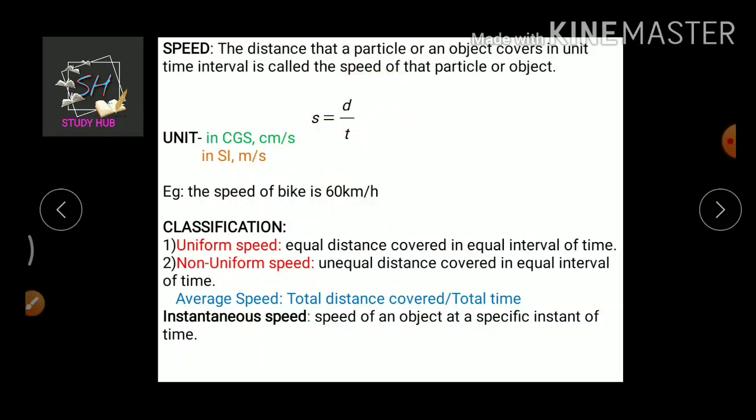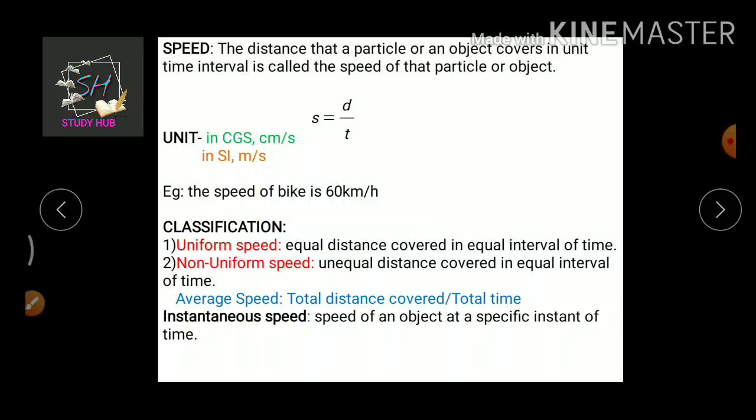Now there are two types of speed. One is uniform speed and another one is non-uniform speed. So at first we know about uniform speed. What is uniform speed? Uniform speed means equal distance covered in equal interval of time. That means suppose a particle traveling 1 meter in 1 second and then another 1 meter in another 1 second and so on.